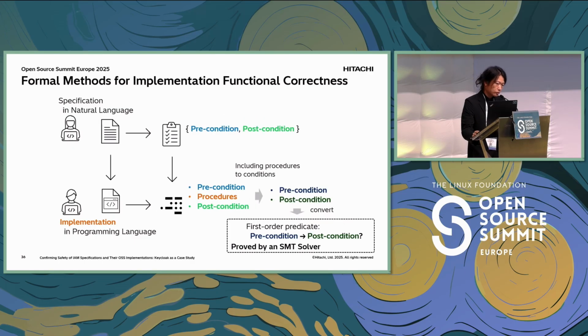This slide shows one such formal method applied to specification and implementation. It converts the specification and implementation into a formal first-order predicate, and tries to solve this predicate by applying an SMT solver, treating the predicate as a satisfiability problem.